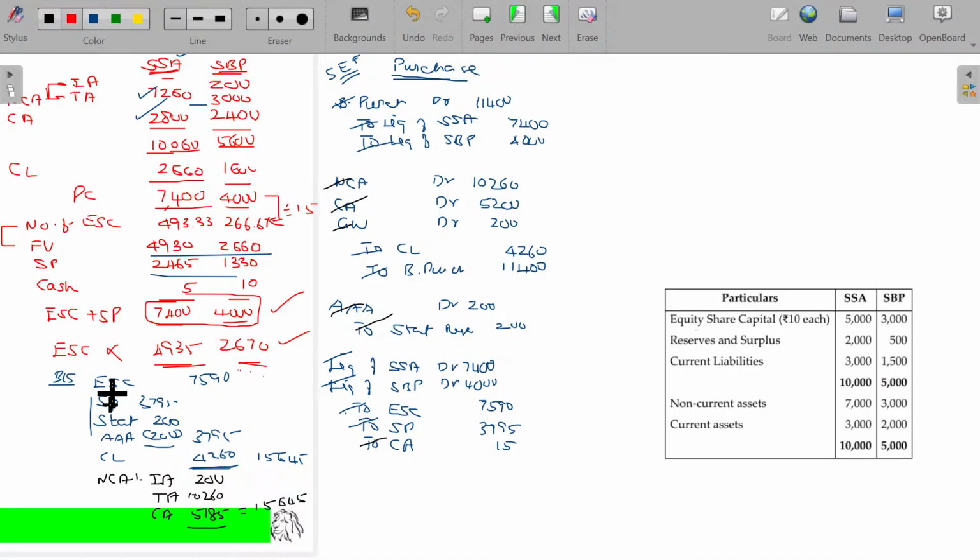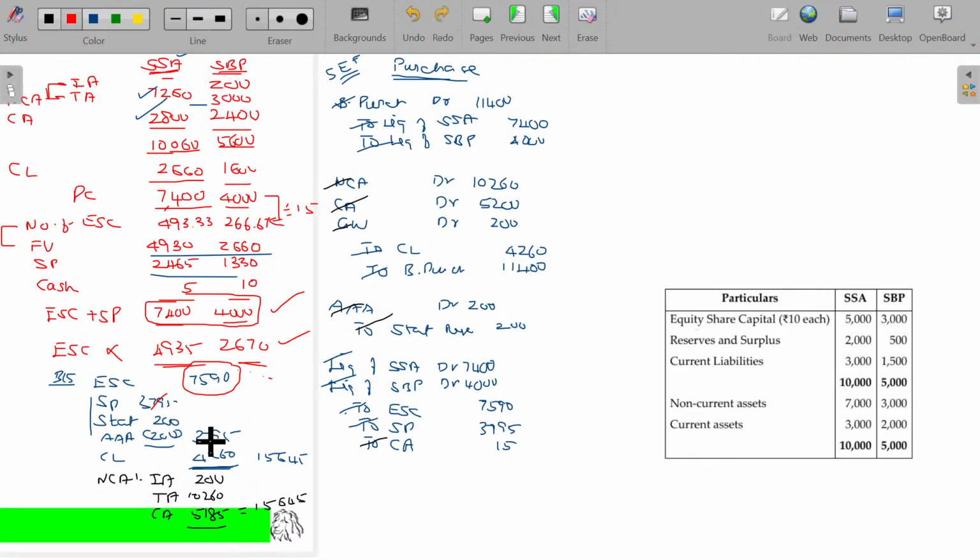In Singar Academy text, I have considered only the equity share capital's face value. In that case, this 200 may be totally cancelled. This will be shown at the face value. We don't have goodwill. Instead of that, we may have the capital reserve newly included. So, securities premium is also missing.